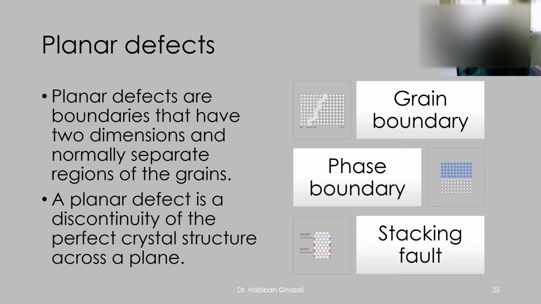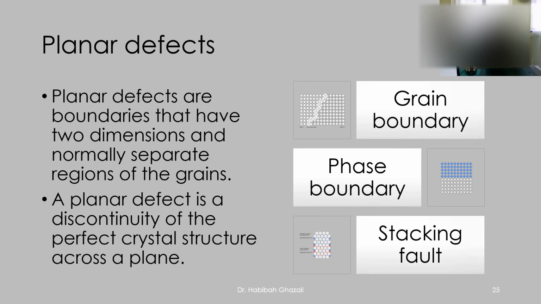When we talk about stacking sequence, for FCC we have A, B, C, A, B, C. But suddenly we have A, B, C, A, B, C with a fault. The region where we have that stacking fault is going to be a planar defect as well.